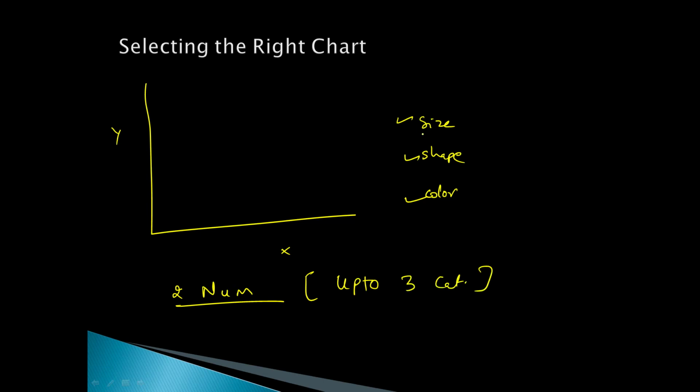So for one categorical variable you have different sizes, for another you have different shapes, and for the third you have different colors for different categories of that variable. So in the same chart you can show up to 5 variables, and you need to see whether it is readable or not for that particular data, but you can pretty much do it in most of the tools available.